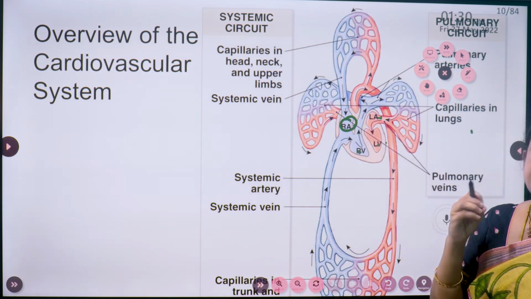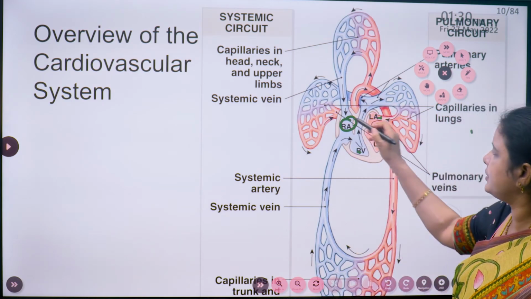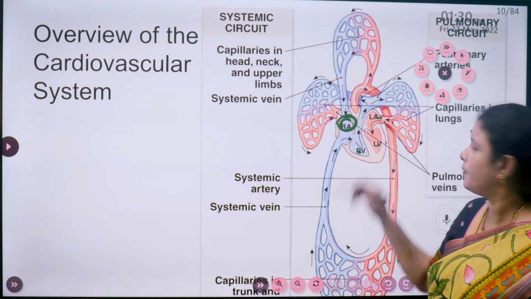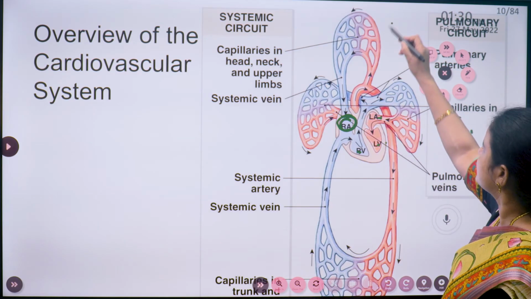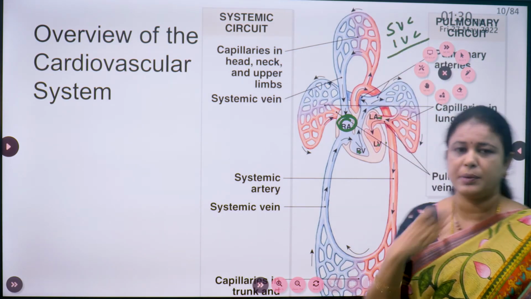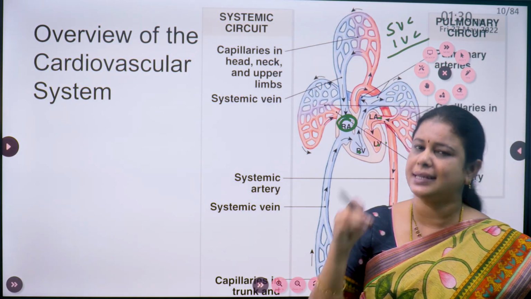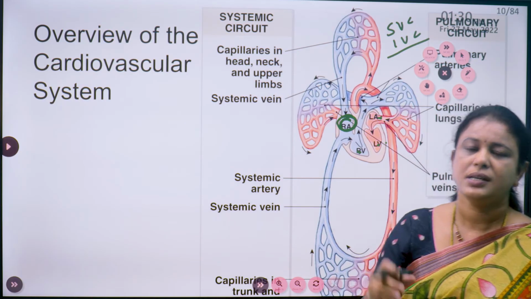From all the parts of our body, all deoxygenated blood enters the right atrium through the superior vena cava and inferior vena cava. The deoxygenated blood in our body goes from the capillaries into the veins.